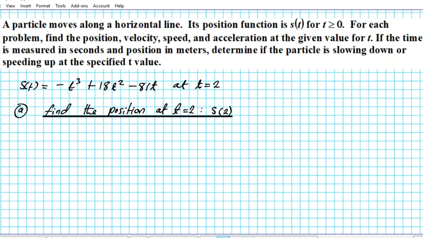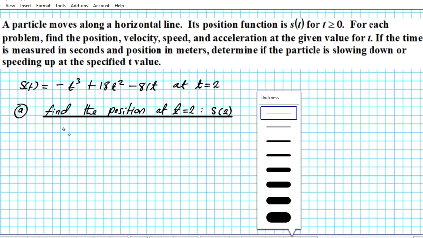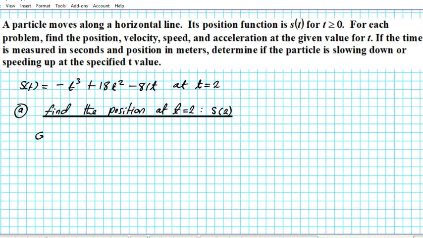Now, where are we starting from? What are we given in this particular problem? In this particular problem, we're given the position function. So we're given s of t, which is negative t to the third plus 18t squared minus 81t.